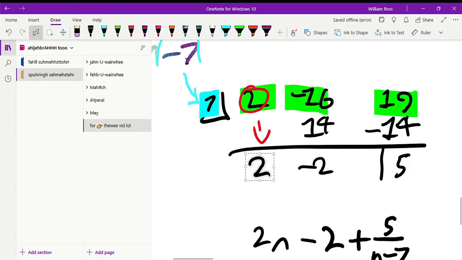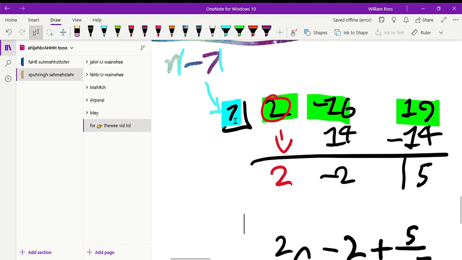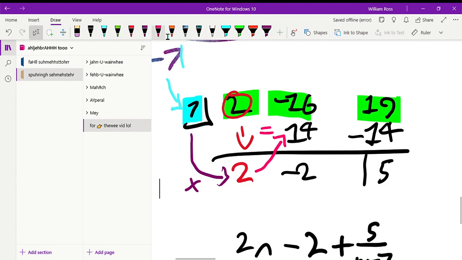Let me change this to red. Then you multiply whatever's over here by whatever's over here, which will equal this. Here we go. And then you add.